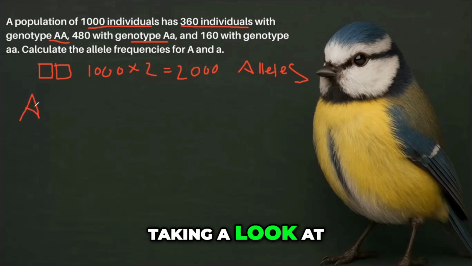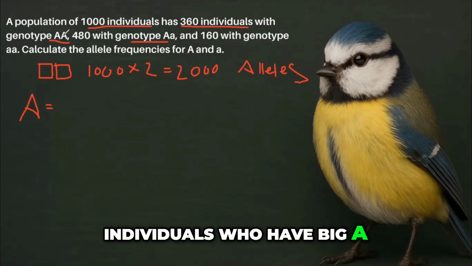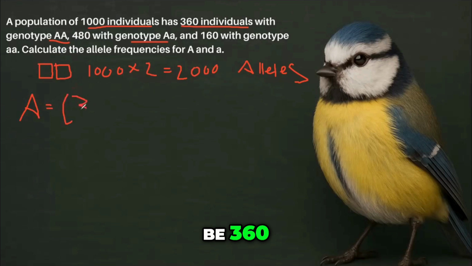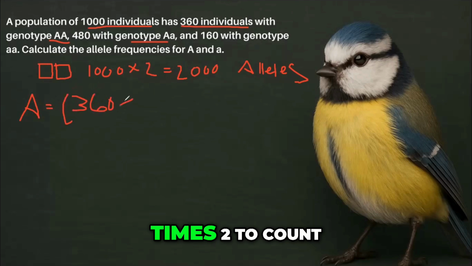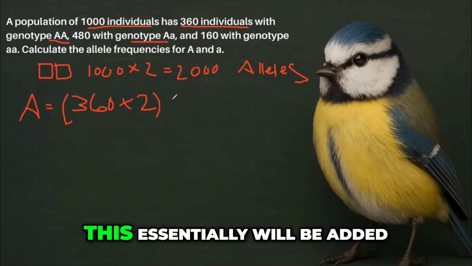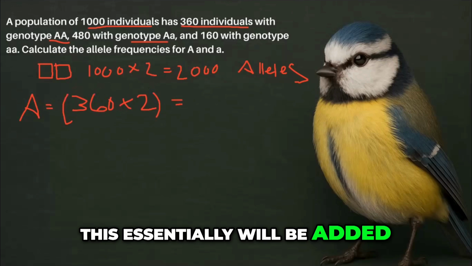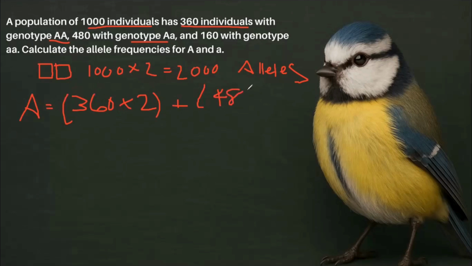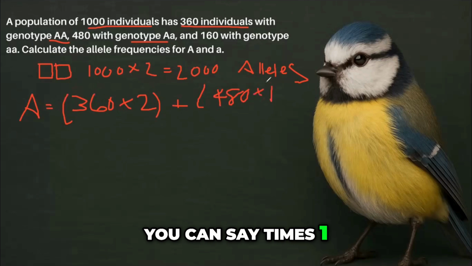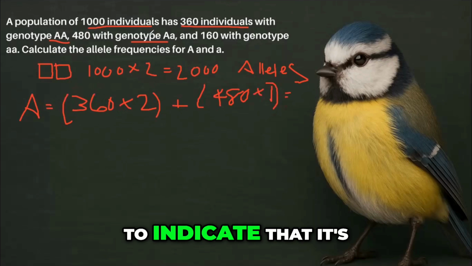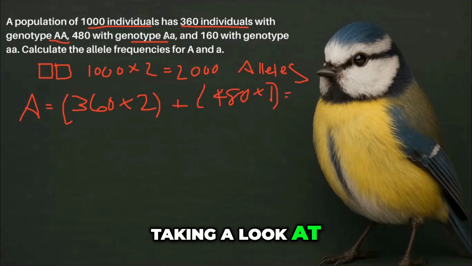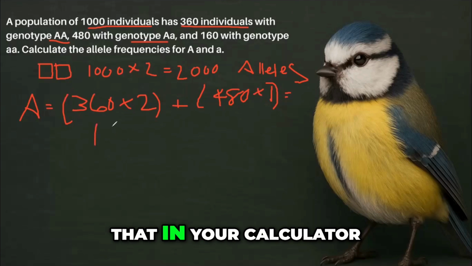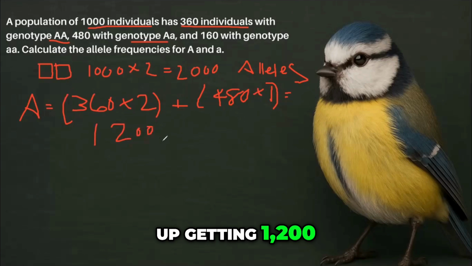So if we're just taking a look at capital letter A, we have the 360 individuals who have big A, so that's going to be 360 times 2 to account for each one of the capital letters. This essentially will be added to our 480. You can say times 1 just to indicate that it's heterozygous and you're only taking a look at the capital A. And when you put that in your calculator, you're going to end up getting 1,200.